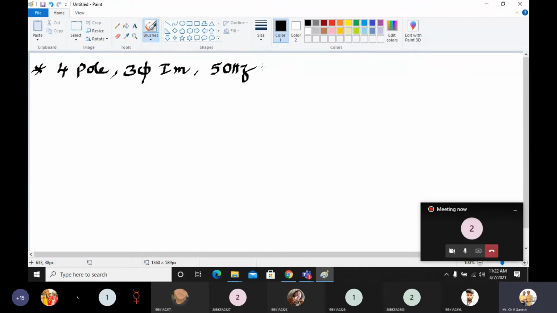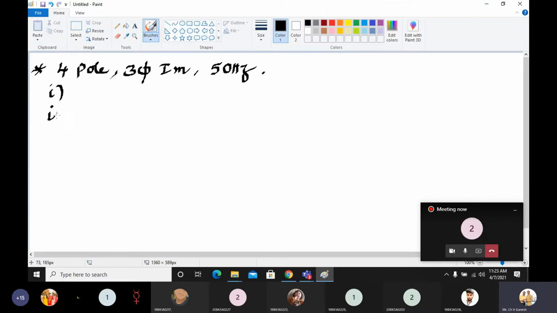Calculate the speed at which the magnetic field of the stator is rotating.